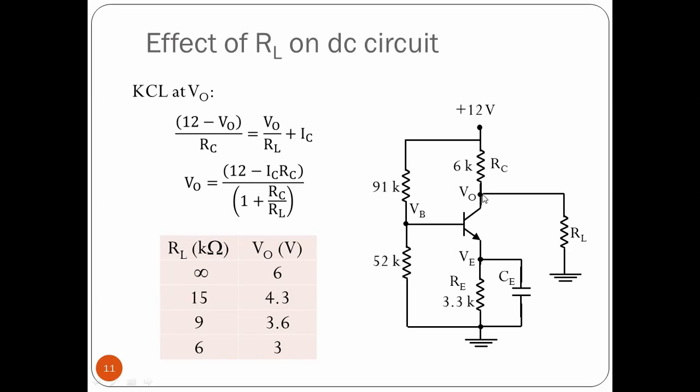So as soon as VO becomes less than 3.5 volts, the transistor will go out of active mode, and then the assumption of a constant IC breaks down, and therefore this equation becomes incorrect, and therefore this 3 volts is not correct. Actually, there are a couple of other ways of looking at this.